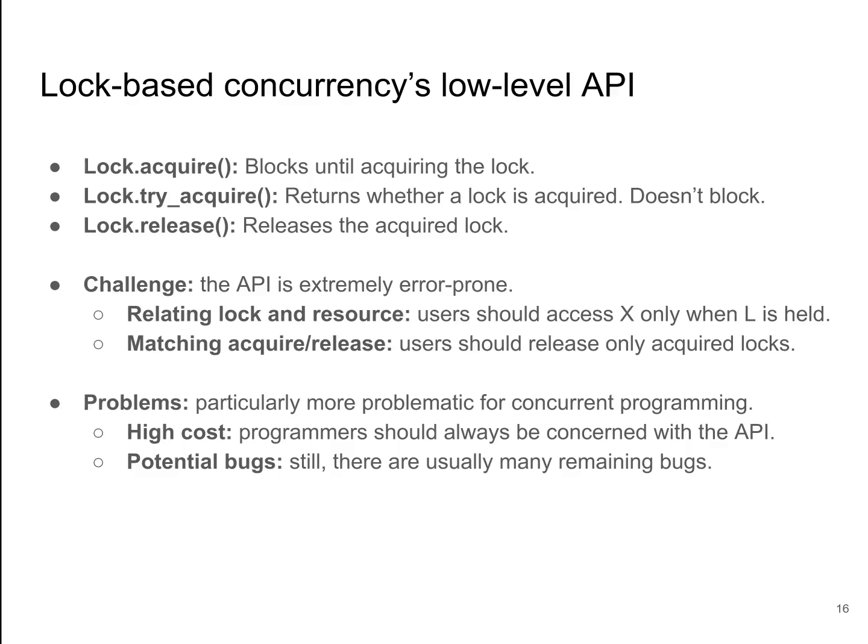And these bugs are difficult to test as well, because usually such a hidden bug pops up once every, for example, million times or billion times. So it is difficult to achieve high test coverage for those kinds of concurrent programs. That's the reason why this error-prone API is more problematic for concurrent programs.